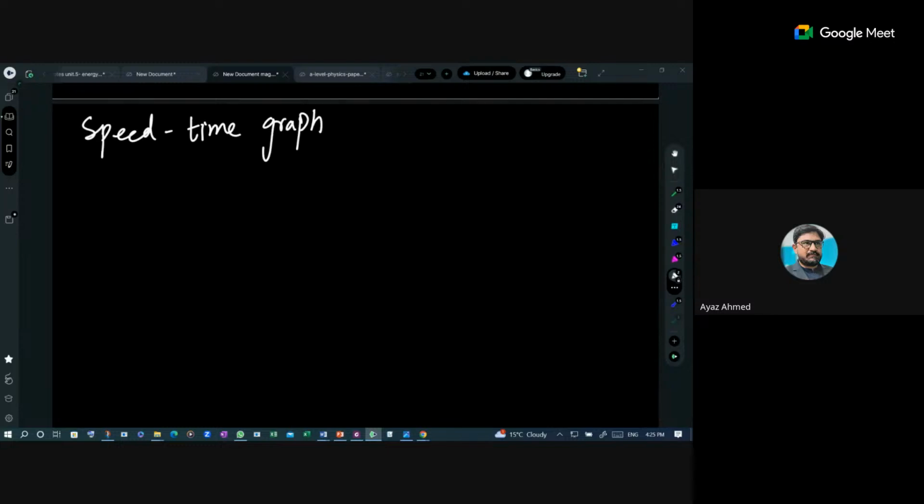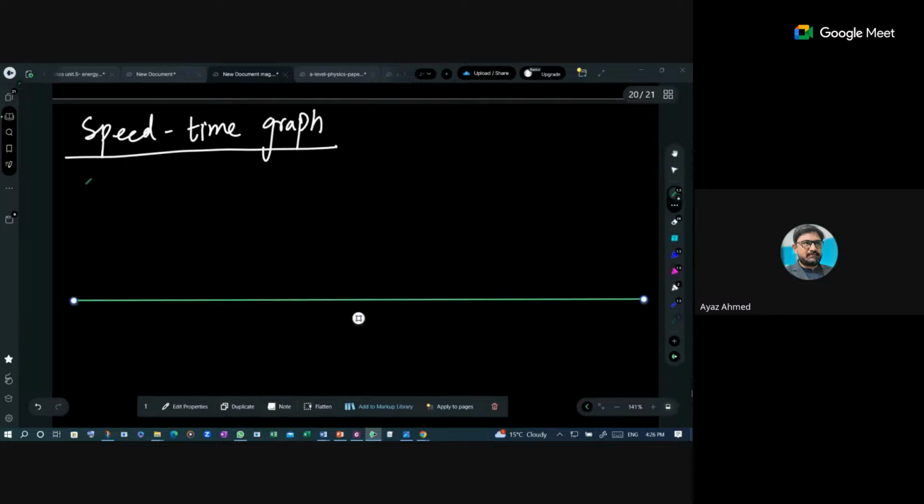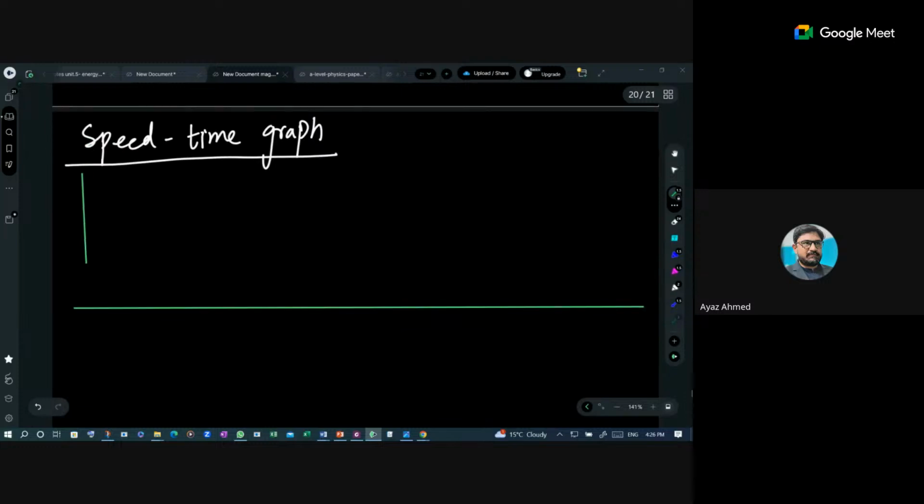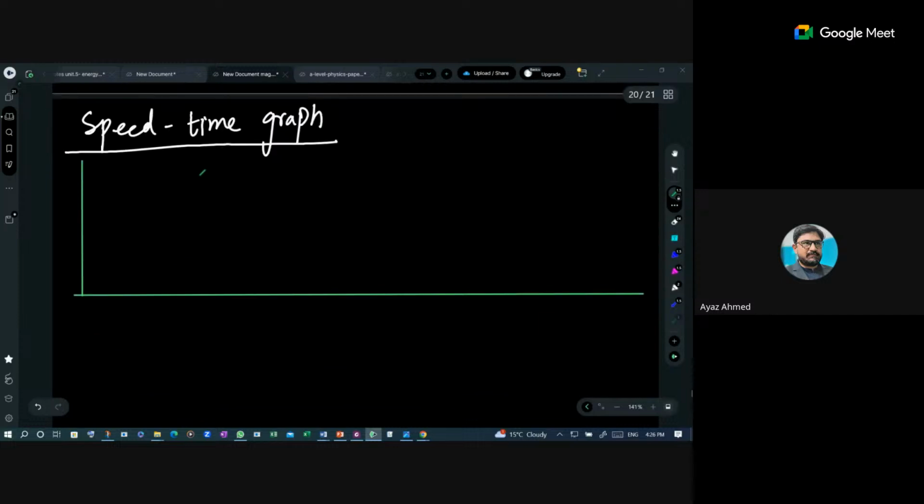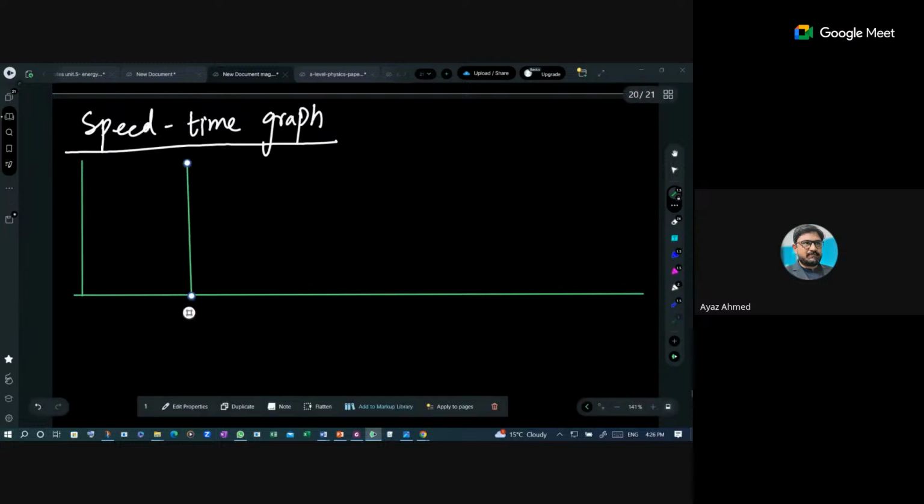When you have a speed time graph, it can be considered as, let me divide this into segments. Each segment will be considered as a single graph, right?